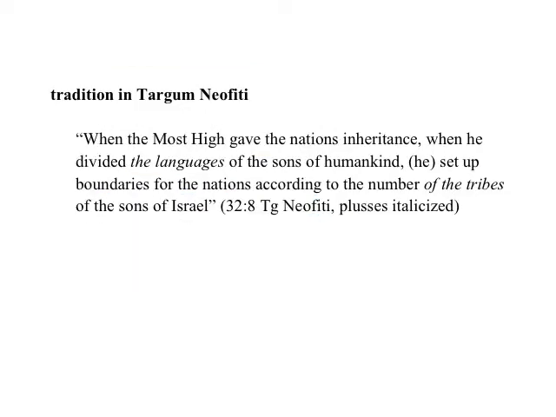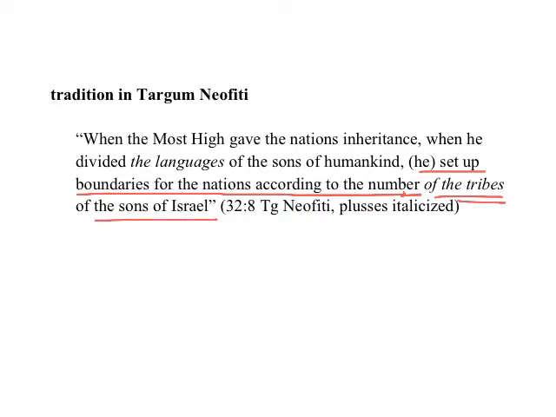Here's a translation of Targum Neofiti, and the pluses in this tradition are marked with italics. And so what we're interested in here is he set up the boundaries for the nations according to the number of the tribes of the sons of Israel.